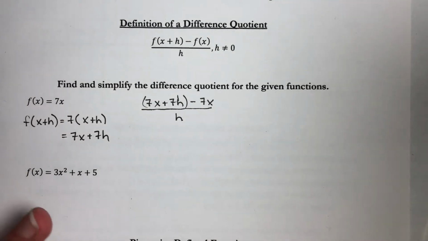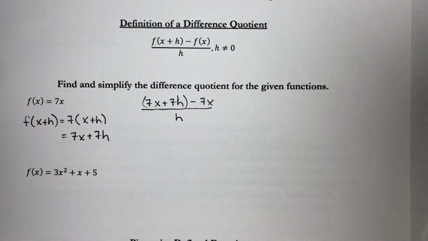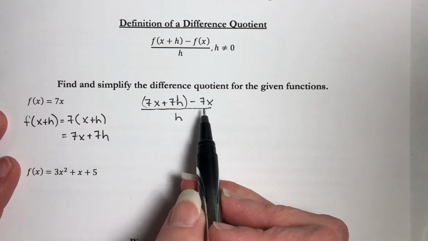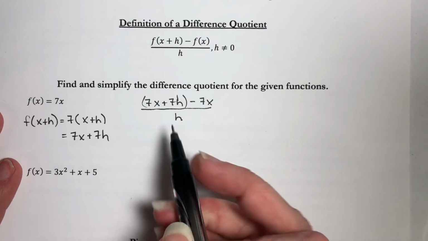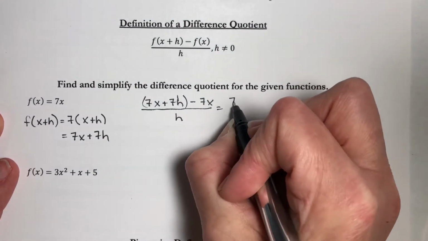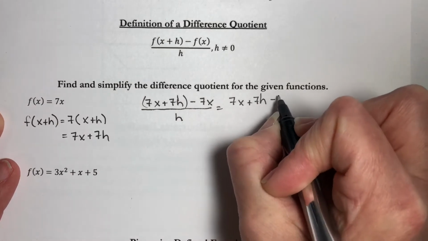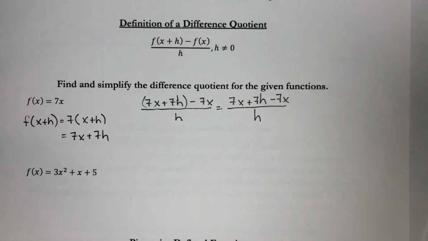Now, what is going to happen on these problems, no matter how complicated your function is, and obviously we're going to get to one that's more complicated, is once you do this arithmetic in the top, every term that does not have an h in it will cancel out. So what I have here is 7x plus 7h minus 7x, divided by h.